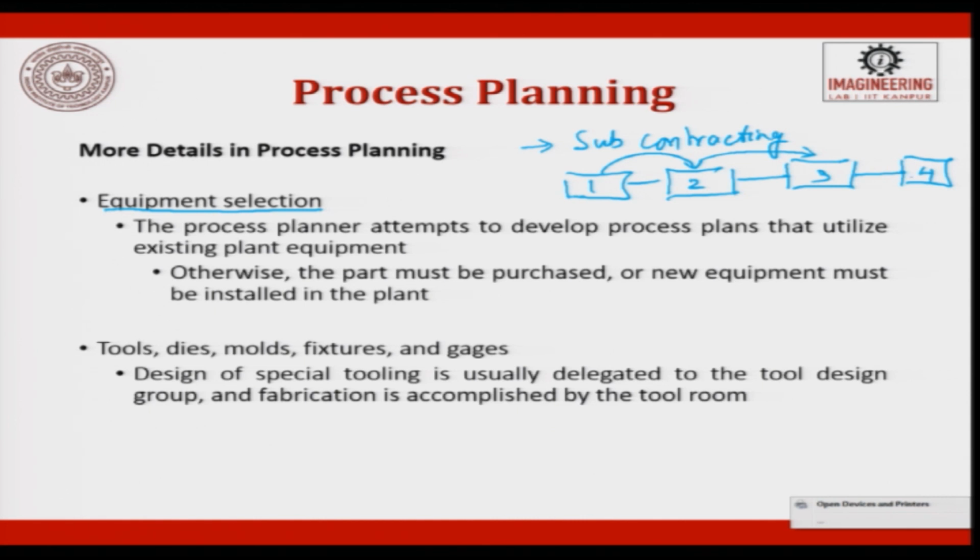Now in your company you will do only the fourth stage. Who takes this decision of subcontracting is also part of process planning by a manufacturing engineer. Otherwise the part must be purchased, that is what I said. The blank which was got at the first stage is now got at the third stage. Moment you decide, only this process.